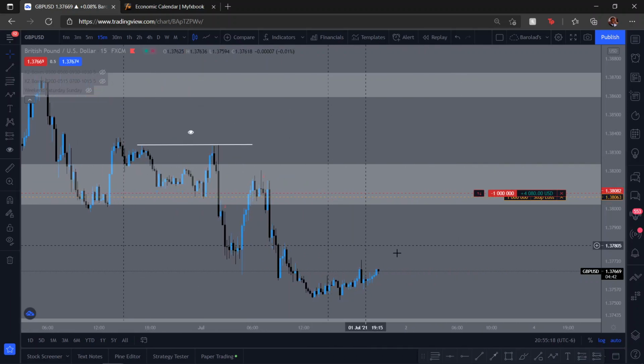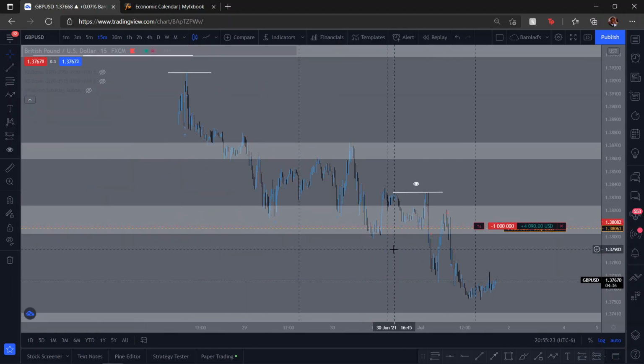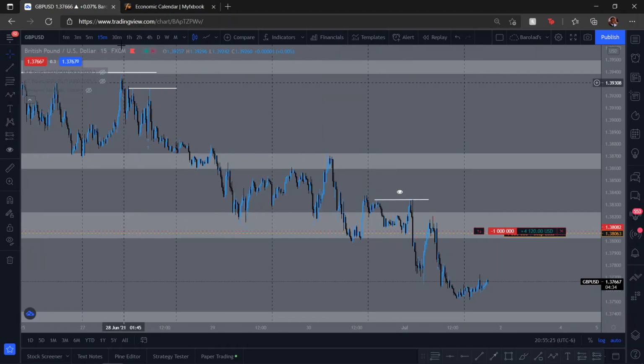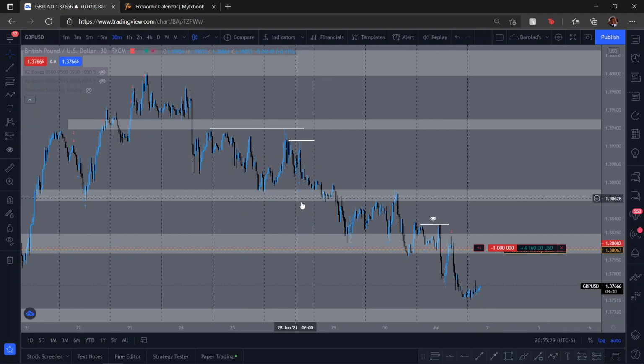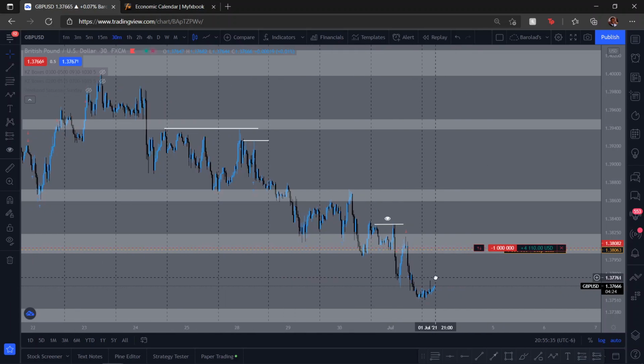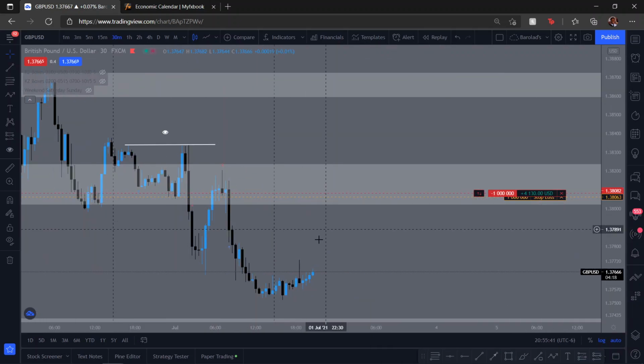So what would I like to see going into London session? Now, this is the beginning of the day, so the last day of the week. Now, my bias has been, I would say, kind of, I might be staying on the sidelines, I might not, it depends. If I see a short setup, I will take it. Medium-term short setup would be towards the midnight price, so around this area.